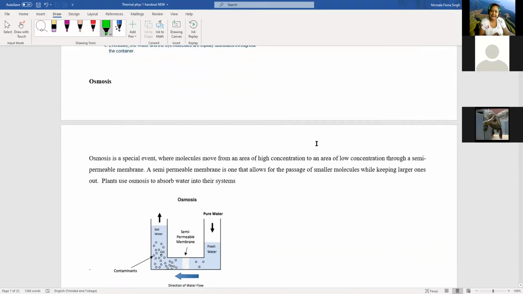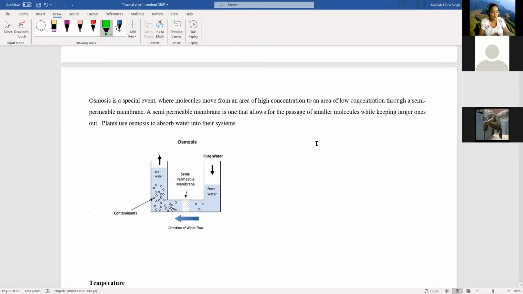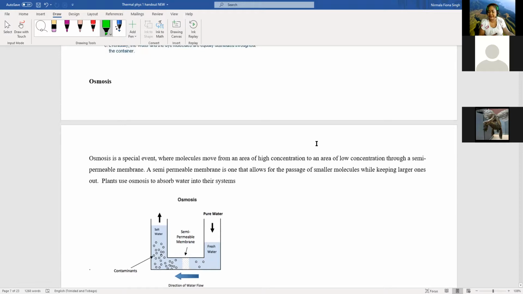Similarly for osmosis, this is a biology term and a chemistry term, right? What we use osmosis for mostly in physics is to get pure water out of salt water or out of any other type of water. So you all can read up on osmosis. You all should know osmosis and diffusion from bio and chem.